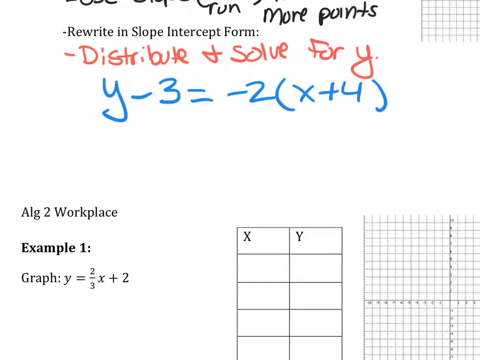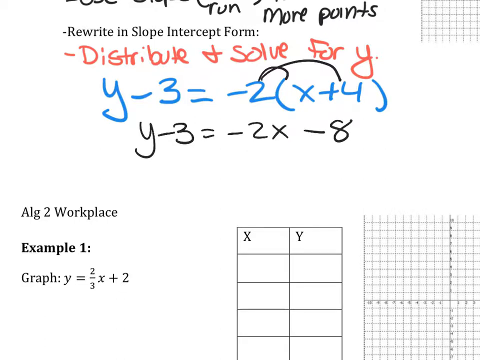So this -2 out in front needs to be distributed. So we have -2x minus 8. And then to get y by itself, you'd add 3 to both sides.